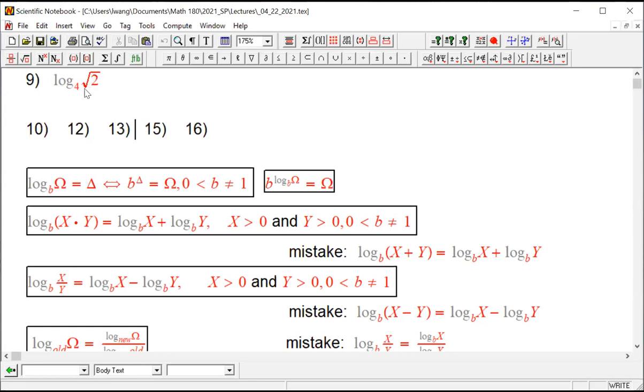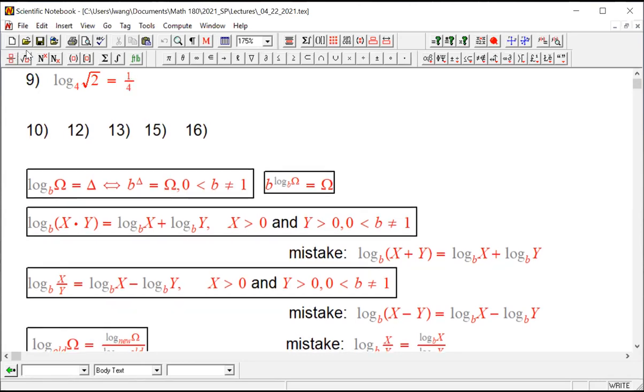Okay. How's it going? Number 9. What do we get? What have we got? 1/4. Okay, so let's check if you get it right. Any other answer? Would you like to show your work? I'm going to put a question mark, to be checked.